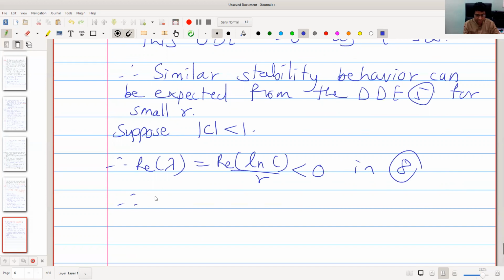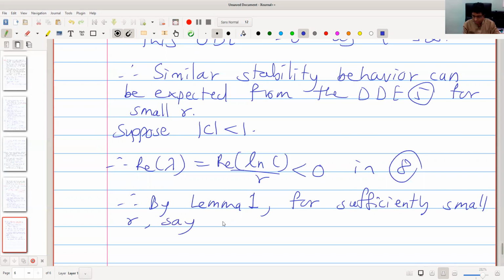Therefore, by lemma 1, the real part is negative. So for sufficiently small r, say 0 less equal r less than r0. r0 is a very small fixed positive number.